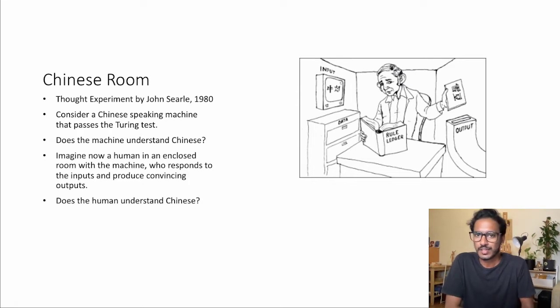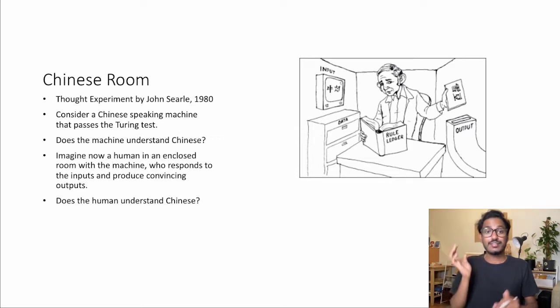This was the Chinese room argument brought forward by John Searle in the 1980s. Here we consider a Chinese speaking machine that passes the Turing test. So according to this thought experiment, there is already an AI which passes the Turing test, but this is for some reason a Chinese machine.